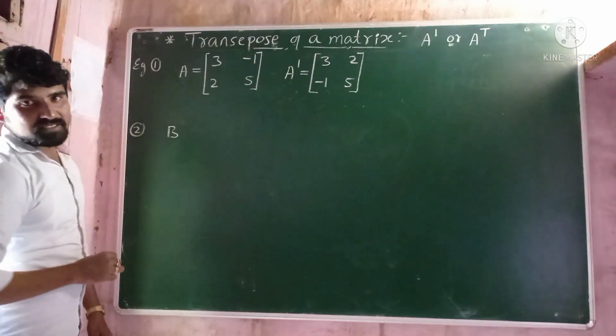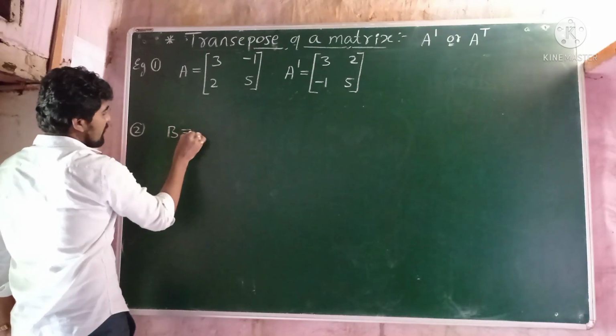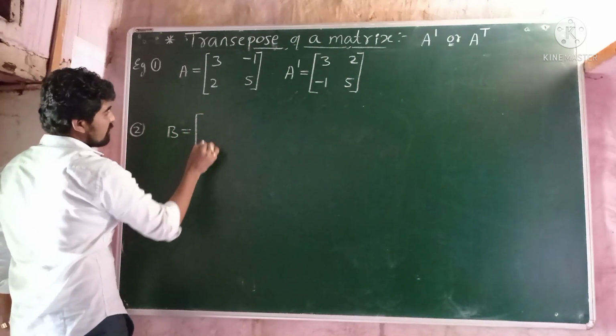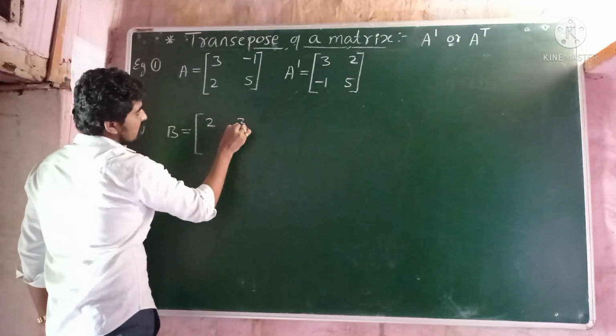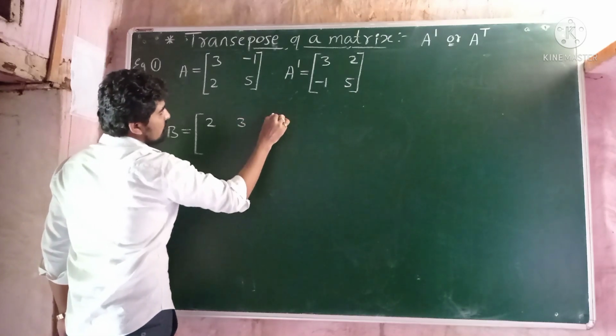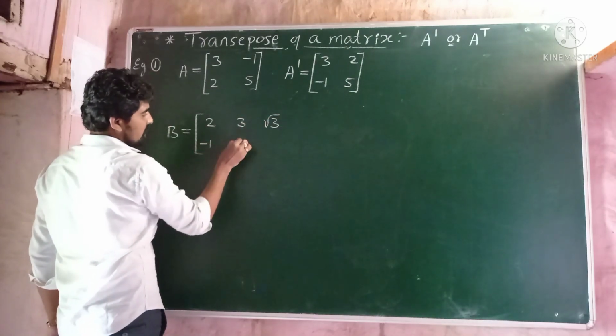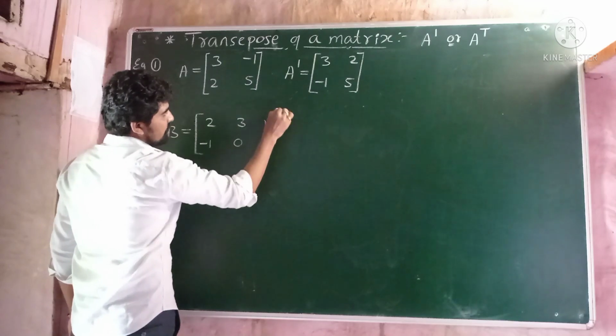B is any matrix and the elements of the matrix B are 2, 3, root 3, -1, 0, 5.